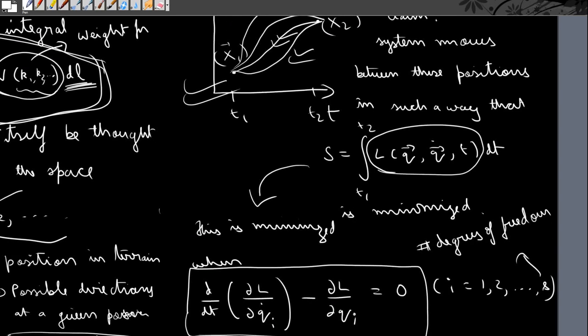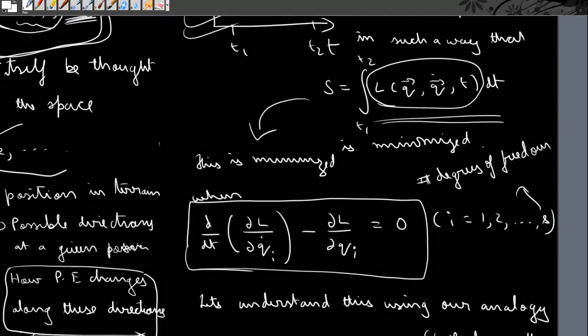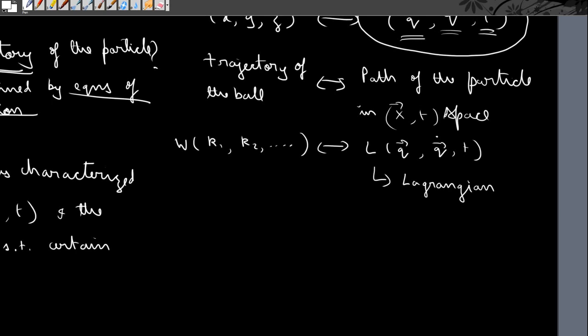So this Lagrangian function gives some sense of weight for each of these paths, which is basically a collection of traversals or sum of traversals. And this integral is basically some weighted sum of these traversals. And that is the analogy that we are making. So our weight function has now become the Lagrangian. Okay, and these k1, k2 dot dot dot have now become q, q dot and t.